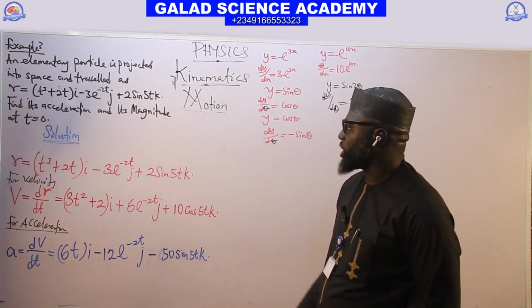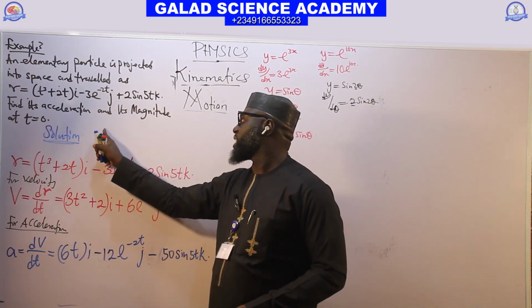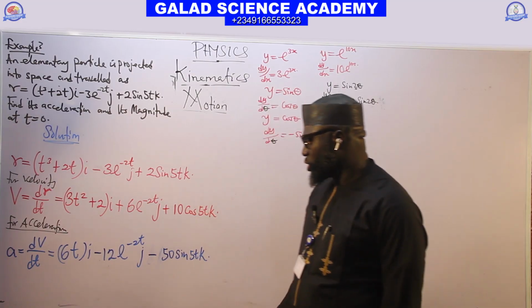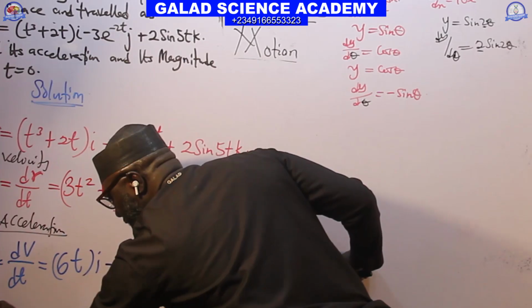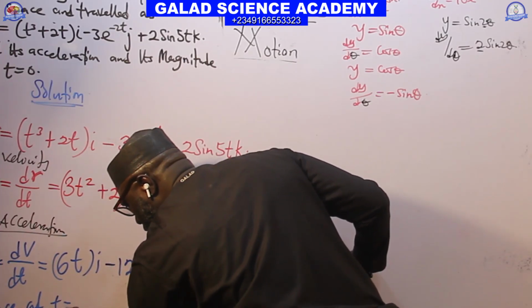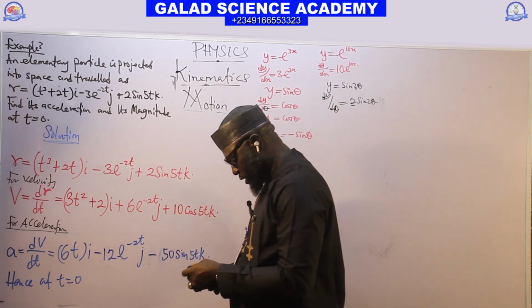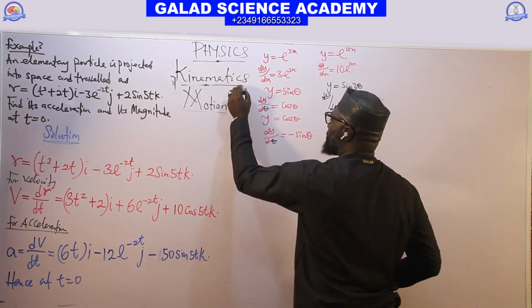This is our acceleration. But find its acceleration and its magnitude at t equal to 0. So we can now say, hence, at t equal to 0, let us substitute t equal to 0 in this equation.